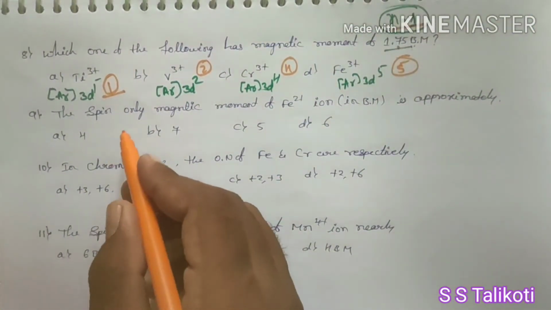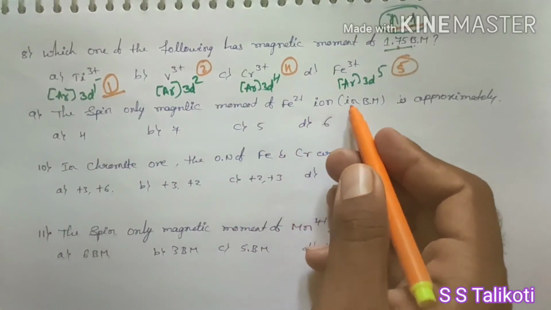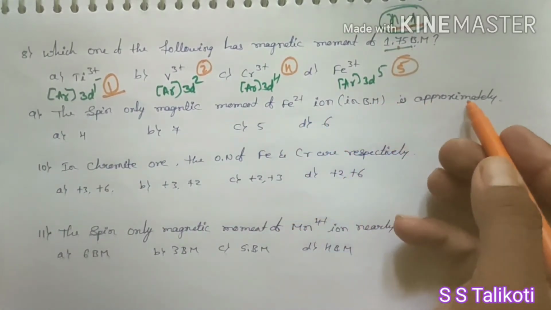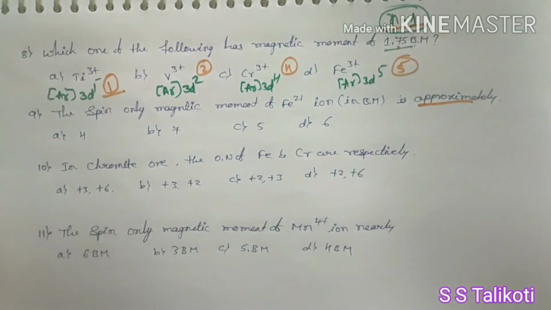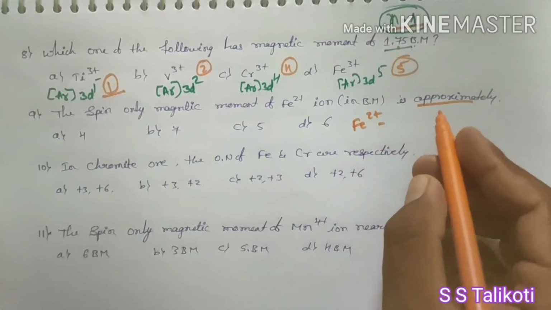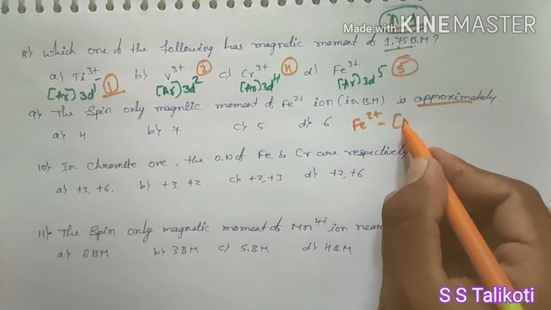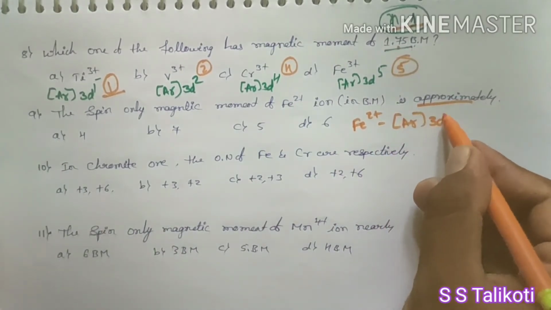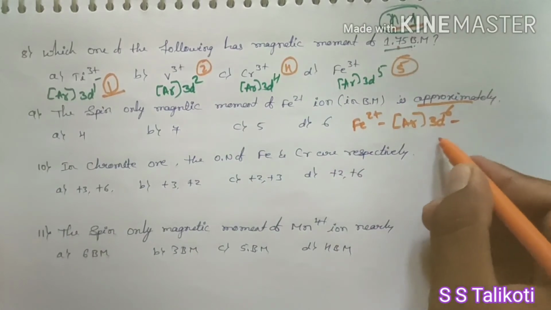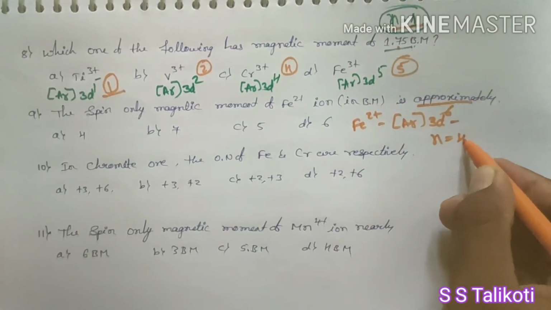Next one. The spin only magnetic moment of Fe2+ ion in Bohr magneton is approximately? They are asking right now. For Fe2+, what is the electron configuration? It will be argon 3d6. Argon 3d6 means n equal to how much? The number of unpaired electrons will be 4.